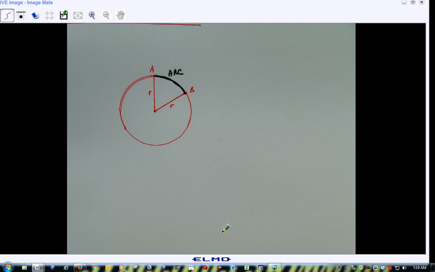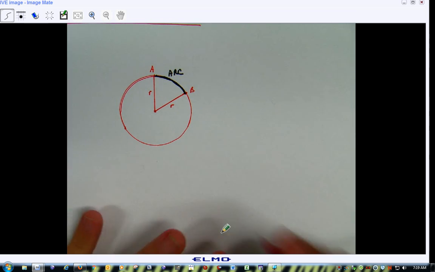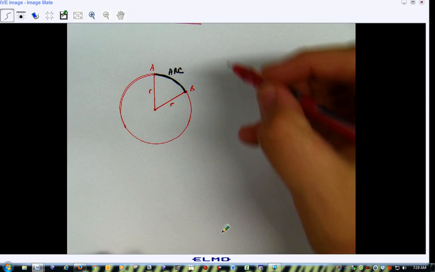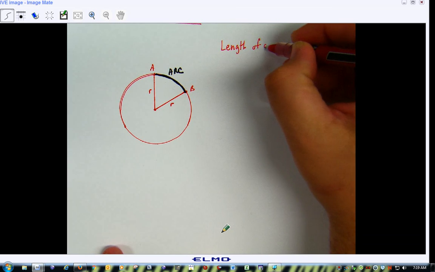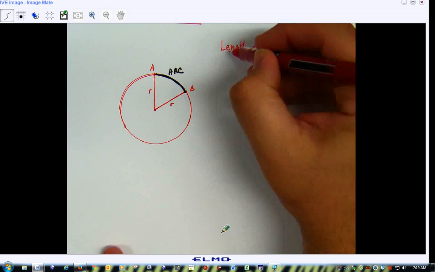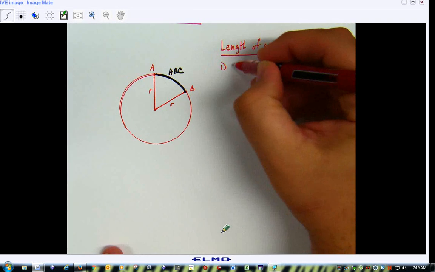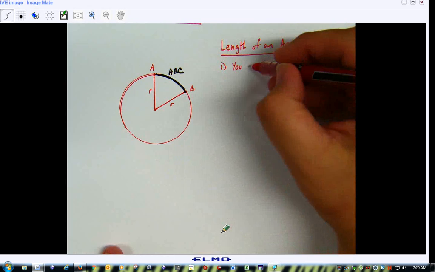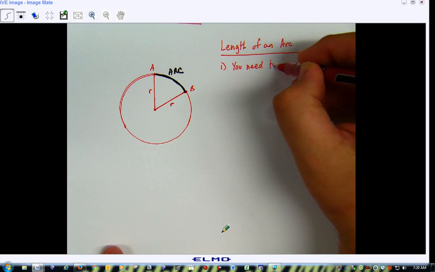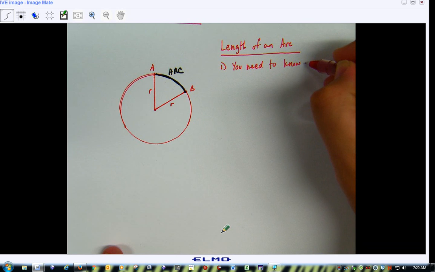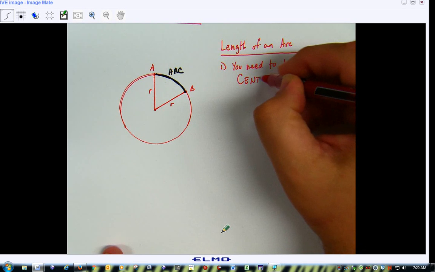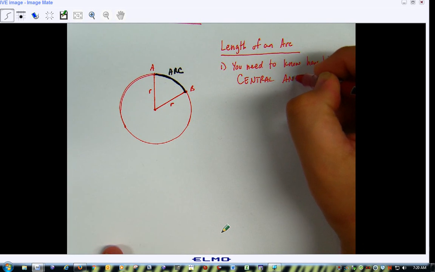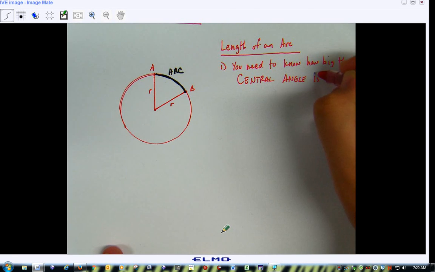Now, give it a second to kind of focus in here. In order to calculate the length of an arc, the first thing you need to know is how big the central angle is.